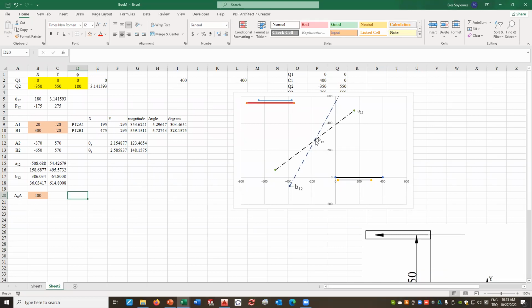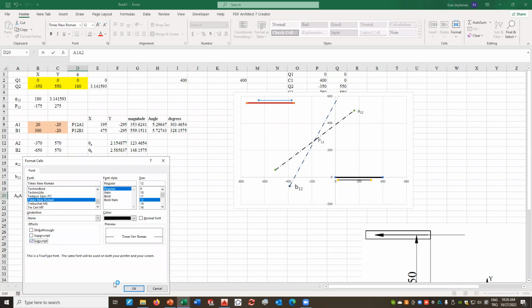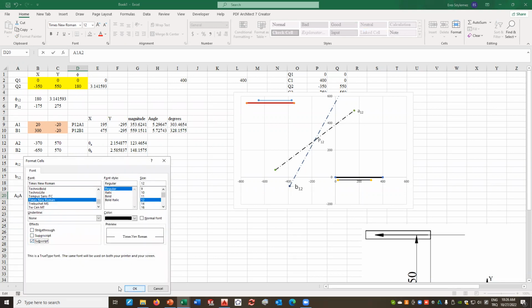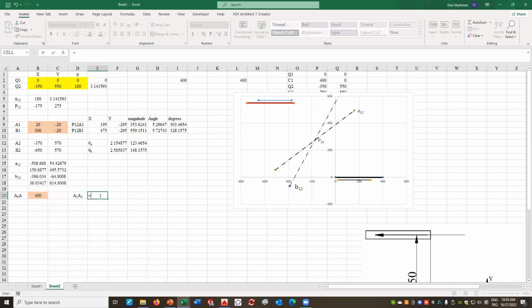But before determining the distance S, I have to determine A1A2. A1A2 is equal to the magnitude, mag, open parentheses, open another parentheses, A2 minus A1, comma, open parentheses, A2 minus A1. Oh, I forgot a third parenthesis.